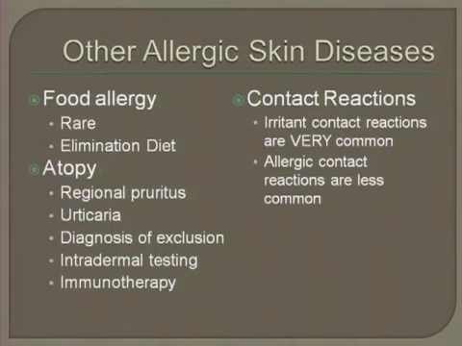And then horses do, of course, get the other allergies that we see in other species as well. Food allergies are pretty uncommon, pretty rare in the horse. They're probably somewhat underdiagnosed because in the horse it's really hard to do appropriate elimination diets. It's not like in the dog where you have these really nice hydrolyzed or novel protein diets that are commercially available.